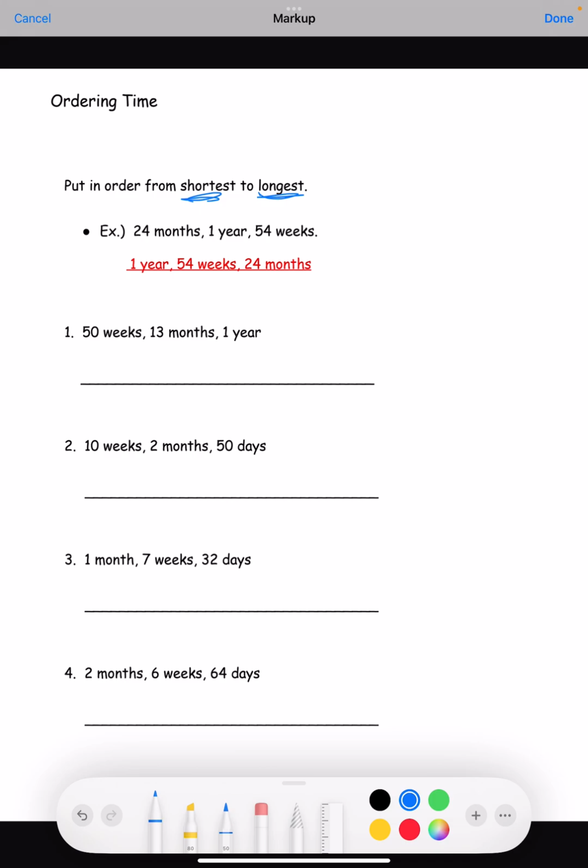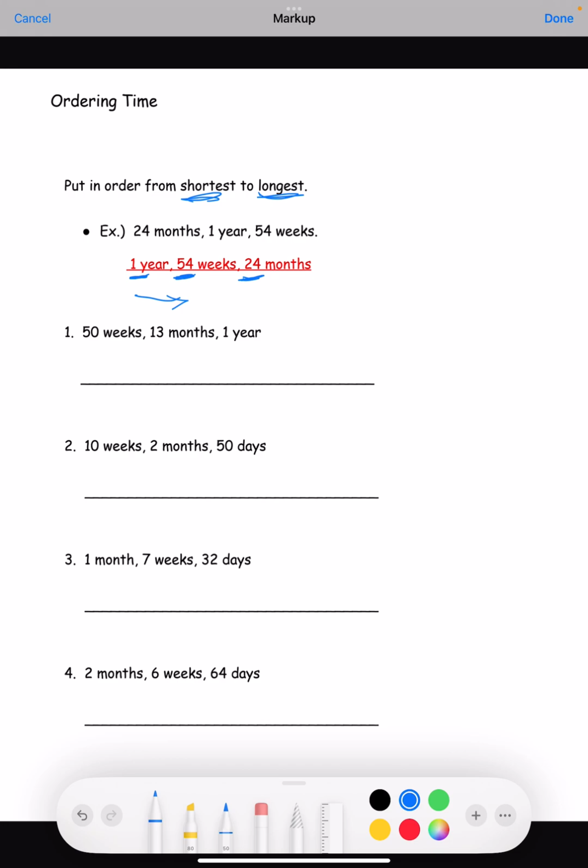This is 1 year, and in 1 year, there's 52 weeks. So if it's 54 weeks, it's more than a year. And in 1 year, there's 12 months, and this is 24 months, which is double a year. So as it's going right, it's getting bigger.